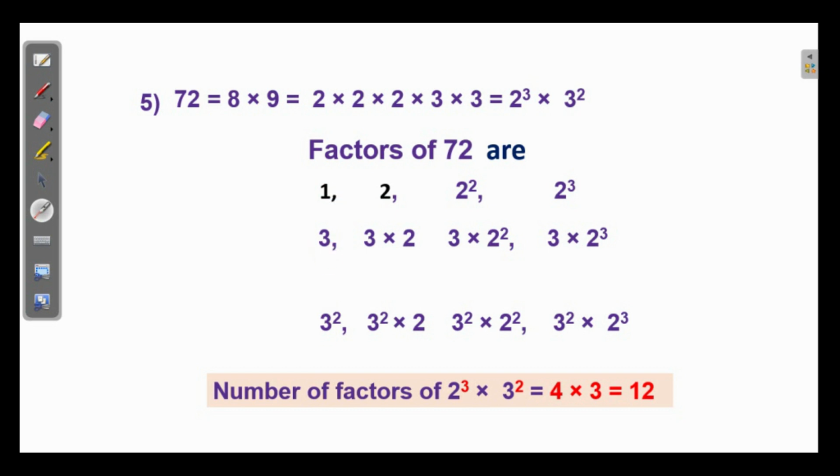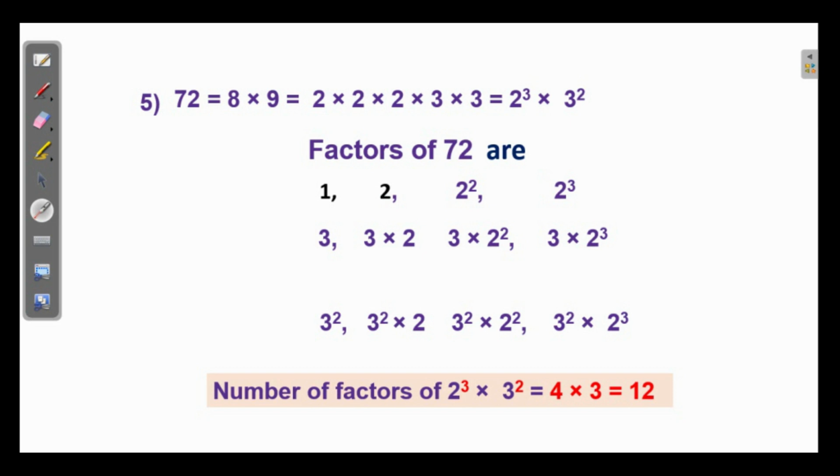Okay. So 3 is a factor and multiplying with 2, 3 into 2. And multiplying like this, we can list the factors in an order. Then here also 3 square into 2, then 3 square into 2 square, then 3 square into 2 cube. And how many factors are there?